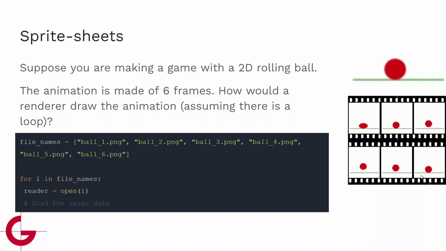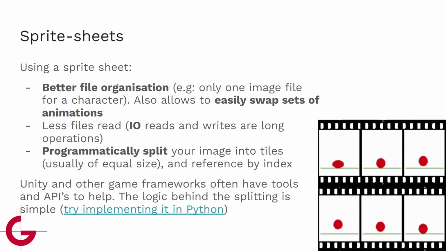All 6 of them. But you don't want to keep track of all of them at once. A spritesheet is a good way to group all of these frames into one file and then just keep track of that one file. And that is a good way to organize all of your files.